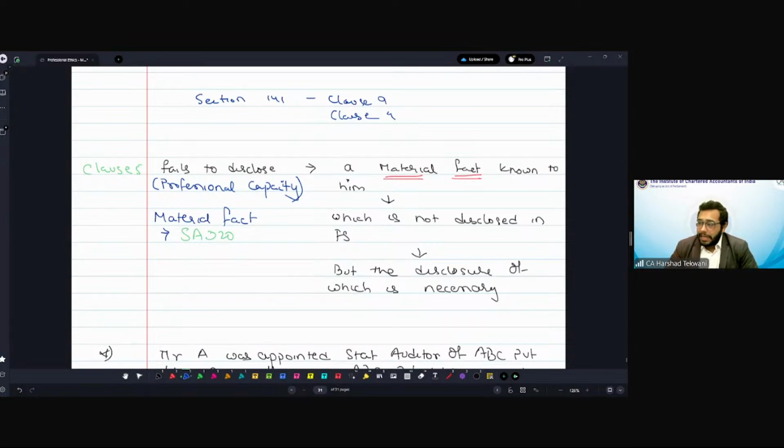I may obtain details, but at that point in time, if I disclose any information which I have acquired in my professional capacity without the permission of the client, there may be another clause that might get attracted. So there has to be a balance between both of them. It's not that I need to disclose each and everything. If there is a requirement, then only I need to disclose. Otherwise, clause 1 is there. I hope you are getting my point. Yeah, sir. Okay.